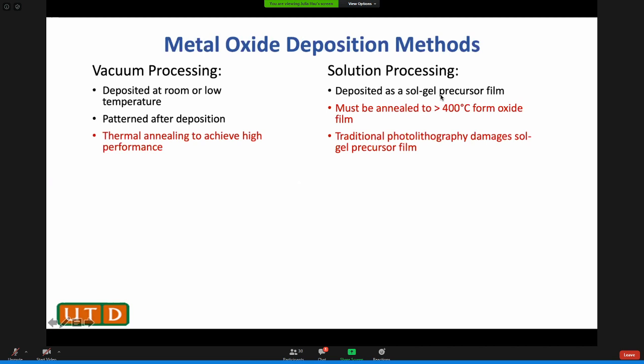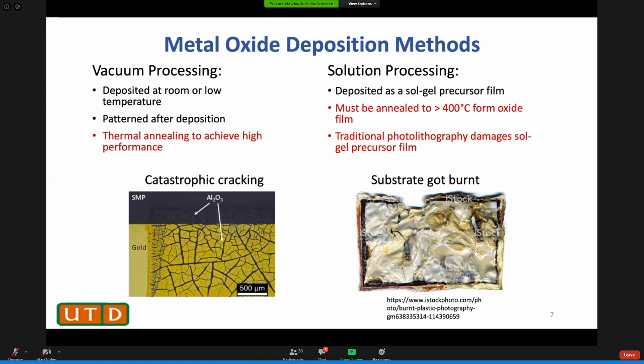So the oxide is being stretched and cracked to pieces, okay? So then you cannot get a continuous film that way. Also, you can't go to really high temperature, or your polymer just completely gets burned. So those are the challenges for us to make flexible optoelectronics using metal oxide.